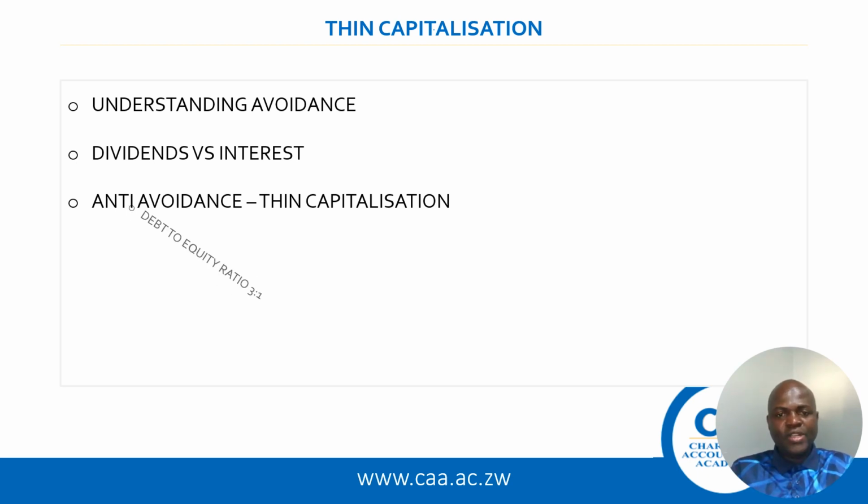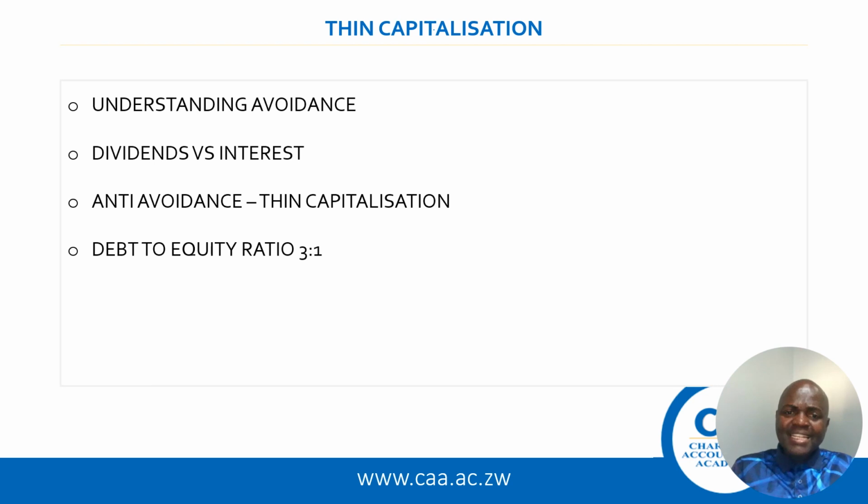It's an anti-avoidance rule. It says, look, any debt that you are now pumping in that is excess to the 3:1 ratio, whenever you pay interest on that excess debt, the interest that relates to that excess debt is now deemed not to be an interest payment to the shareholder, but a dividend payment to the shareholder.